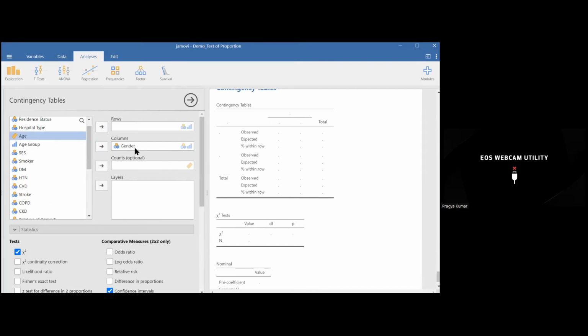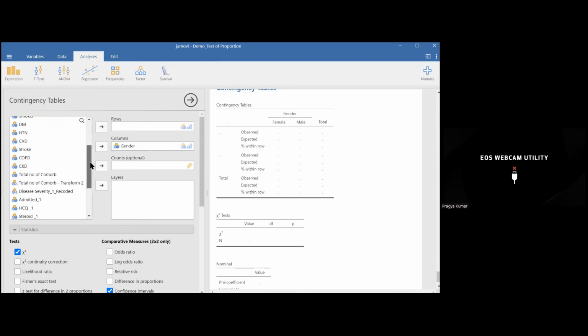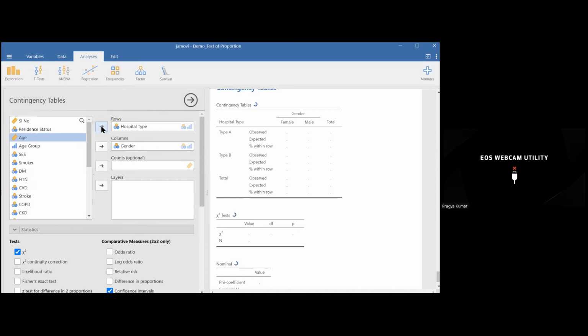In this case it is the dependent variable because I have to see the percentage of male and female cases. And in rows, it will be the type of hospital, maybe A and B.